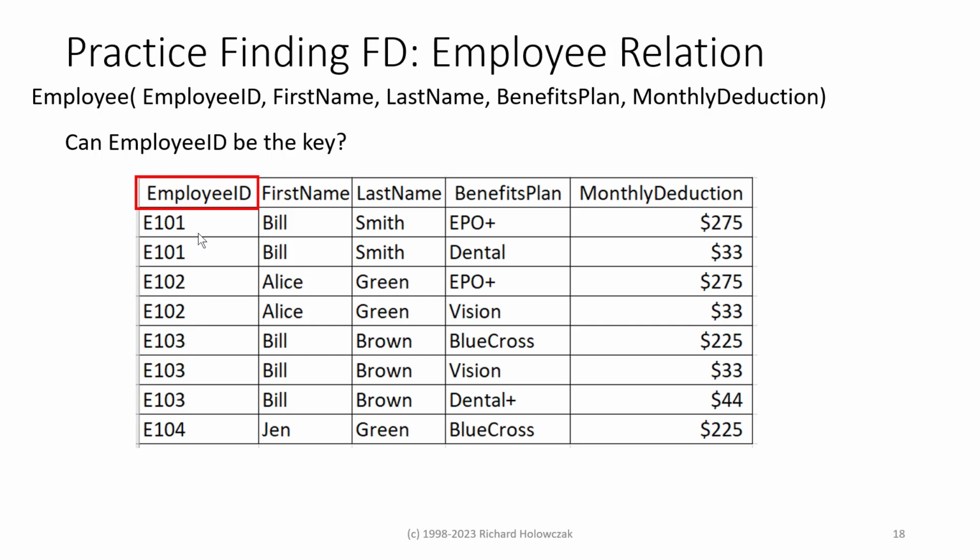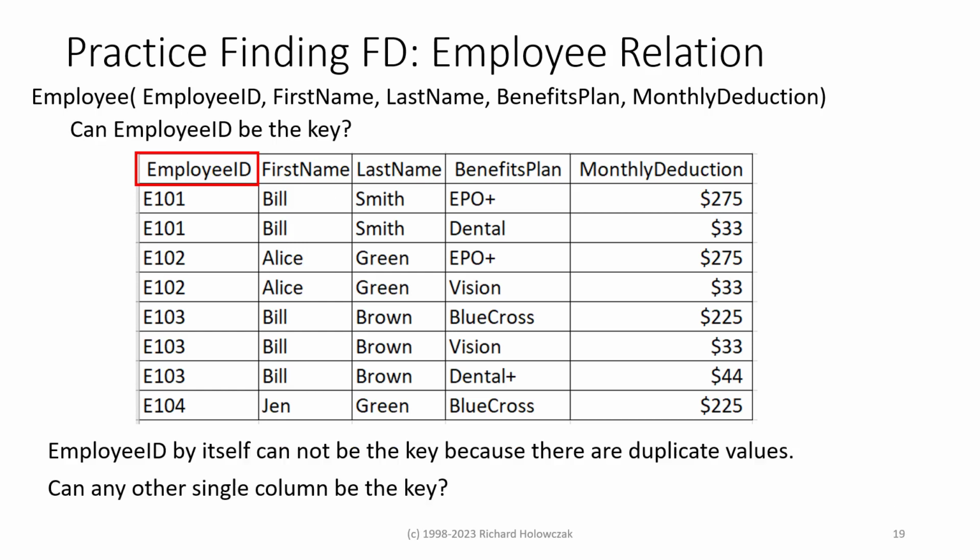So the question is, if I just give you employee ID E101, can you determine exactly one row? The answer is no. If you say E101, we don't know which of these 2 rows or tuples you're talking about. So employee ID by itself cannot act like the key. Can any other single column act like the key? Think about it before I move on to the next one.